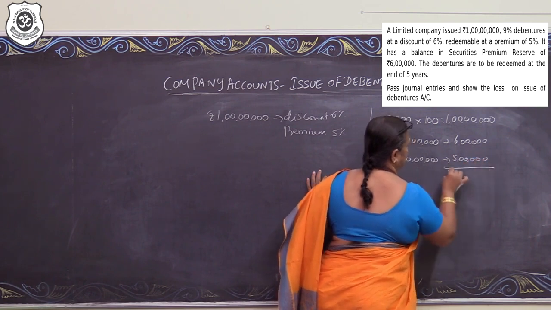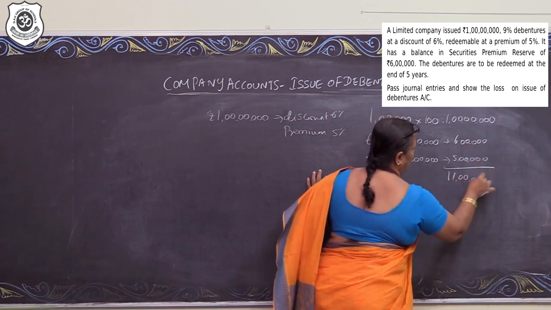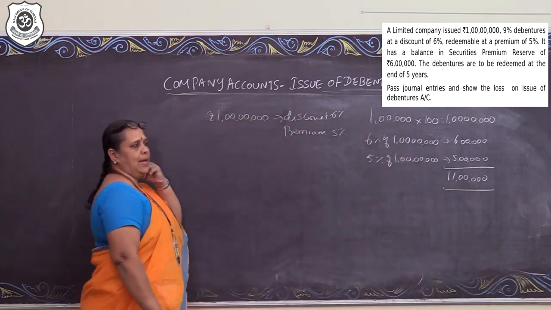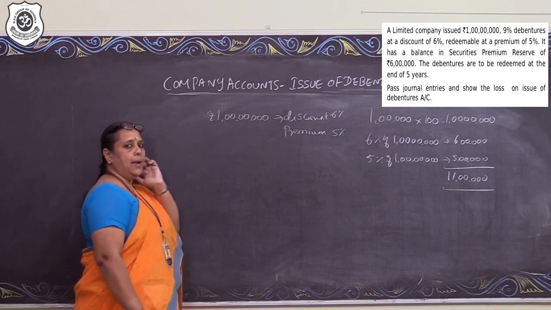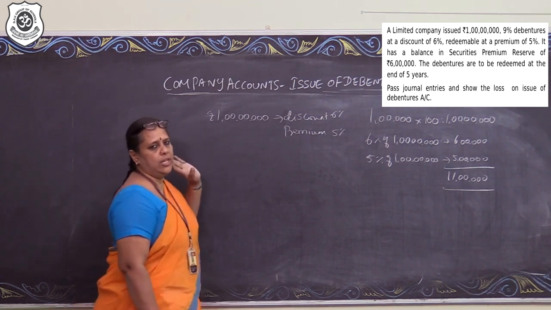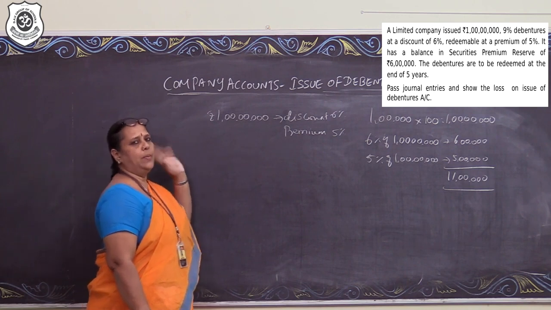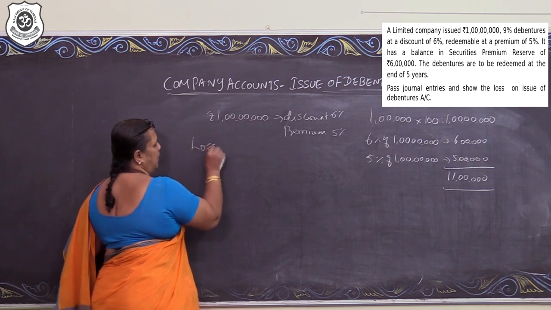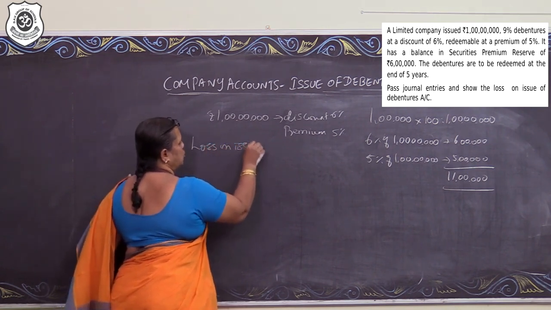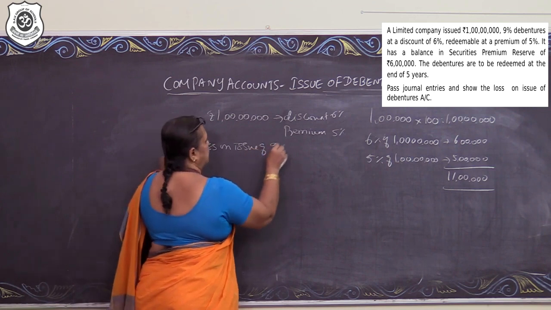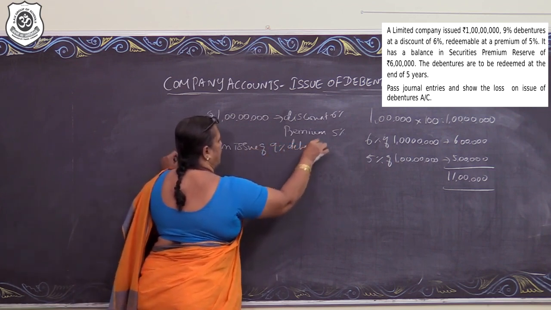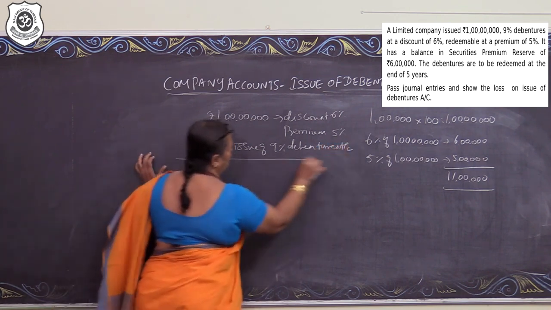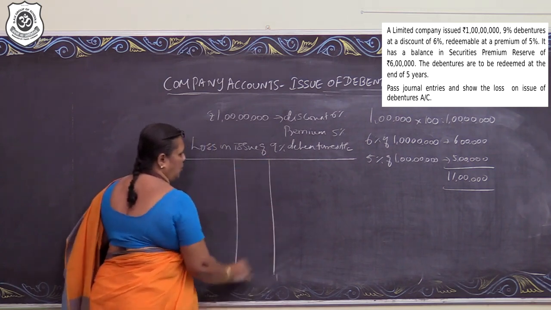So the company has to totally write off 11 lakh rupees, and the company has at present 6 lakh rupees in the securities premium reserve. So the balance will be taken from statement of profit and loss. So we are going to prepare loss on issue of 9% debentures account.